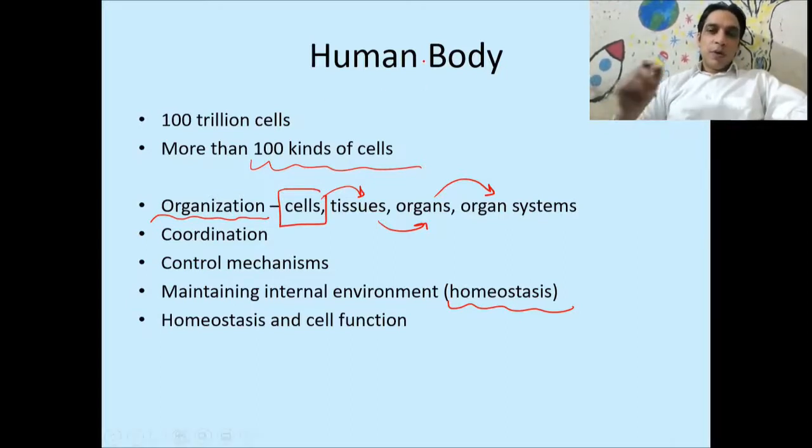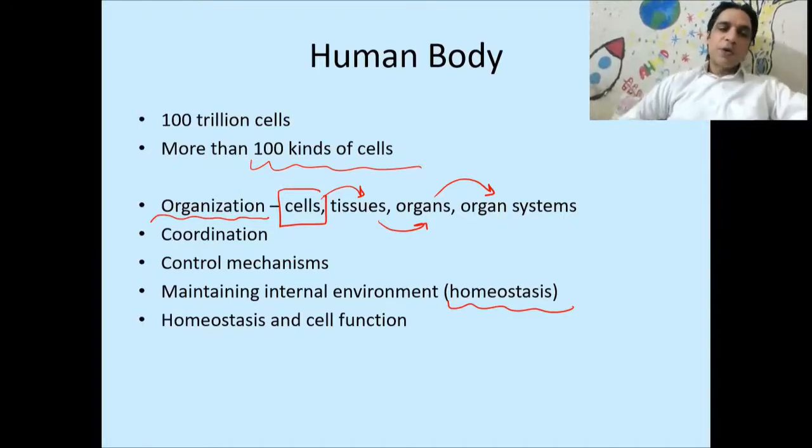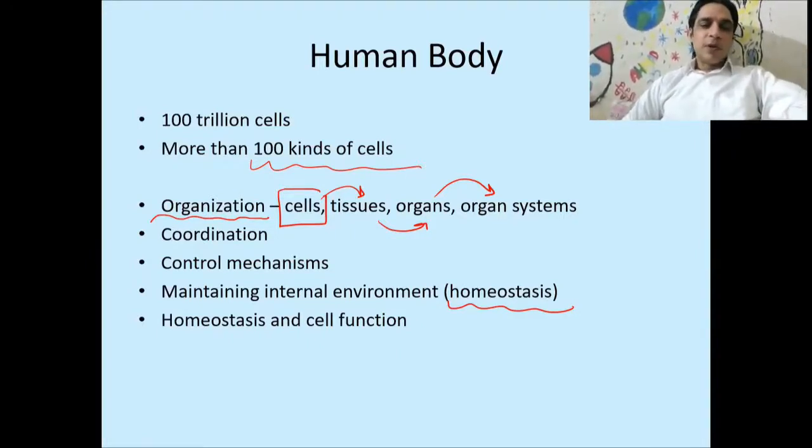So in order to exist as a human, we need all those organ systems, coordinating with each other and controlled by certain mechanisms, which maintain the internal conditions and control the functions at a very cellular level. And all of that complicated choreography, I must say, gives us the wonderful evolutionary product we call humans.